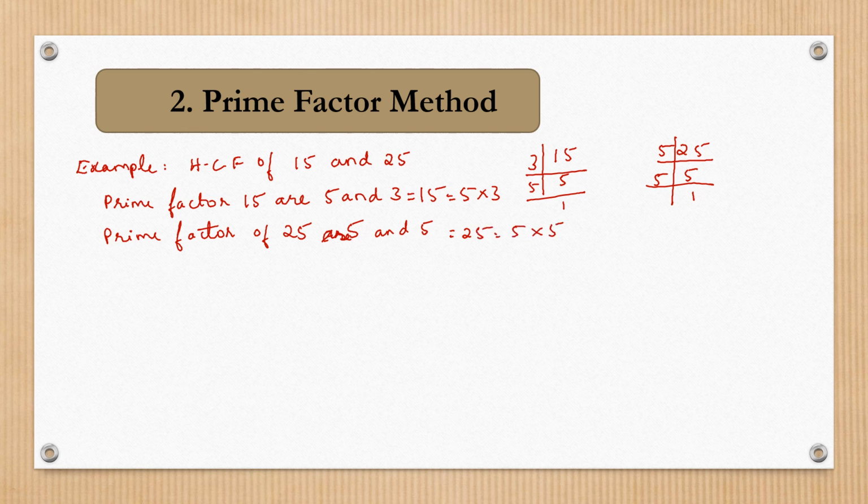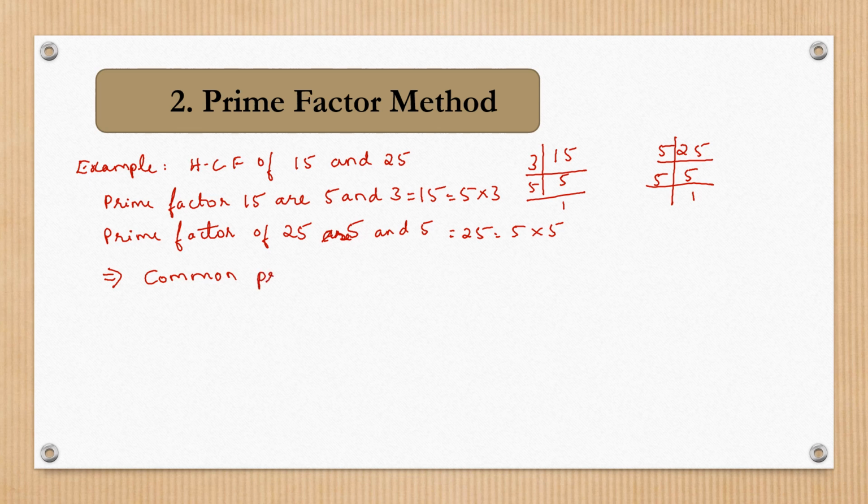Now, here we see 5 is a prime number. The common number, let's find out now. So we need to find the common number. Step 2 is to find the common factor, or the common prime factor. So which can be a common prime factor?